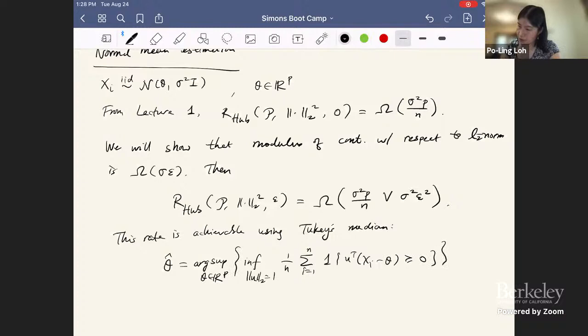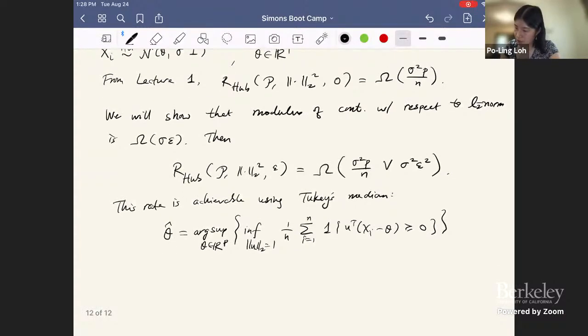Okay, so let me just give you a pictorial illustration of what this is. Tukey's median is a point that maximizes the data depth. So you can think about this as the data depth.